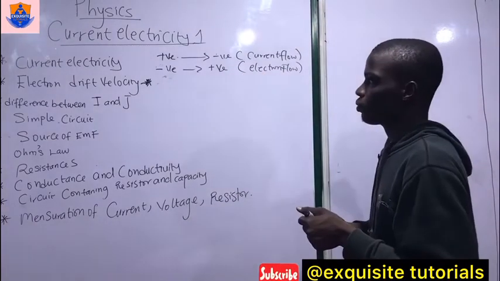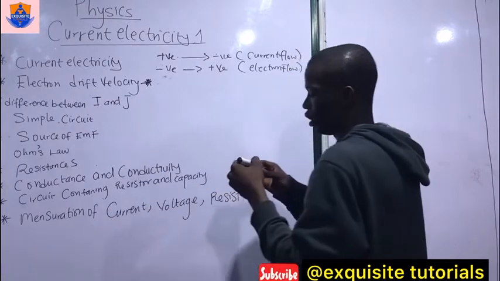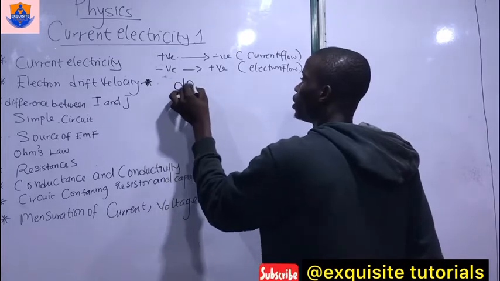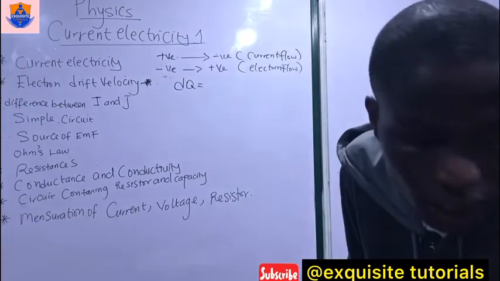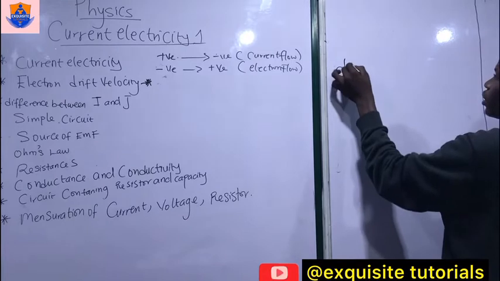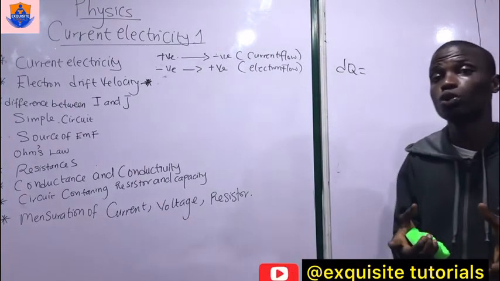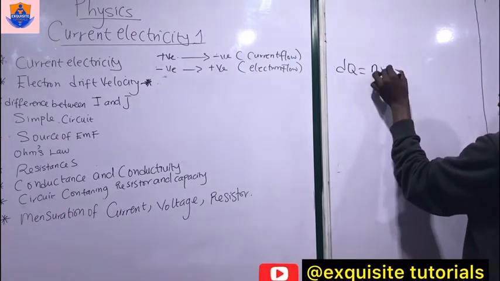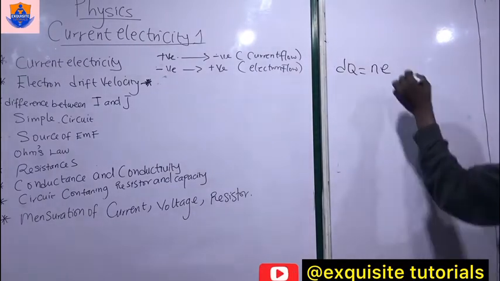So now, I'll be talking about current and current density. The quantity of charge that flows through any conductor is equal to the number of charge carriers, the electrons flowing, the charge on each, and the volume through which it flows.